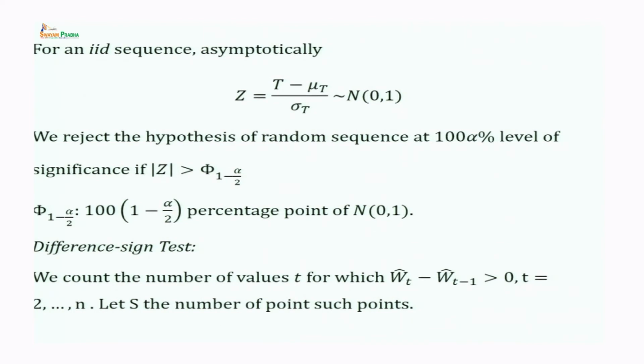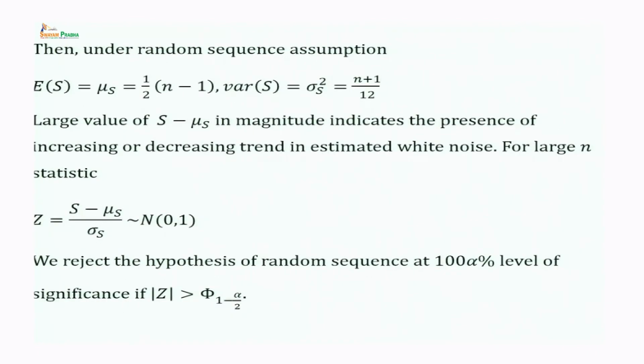So, we only consider those values of t for which these differences are positive for t equal to 2 to n, and then we count the number of such values, and suppose S is the number of such points. Now, under the random sequence assumption, expectation of S is equal to half n minus 1 and variance of S is n plus 1 by 12.